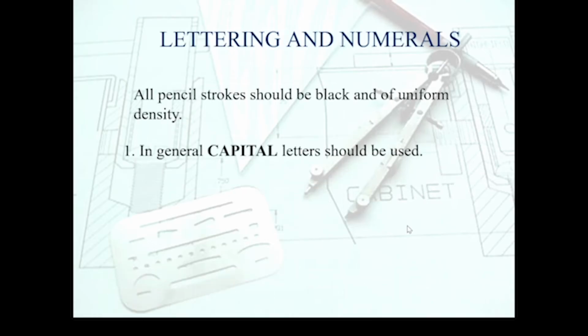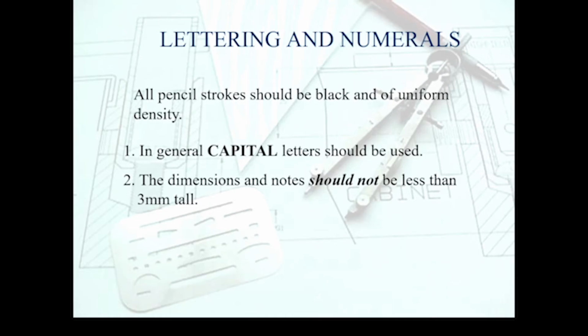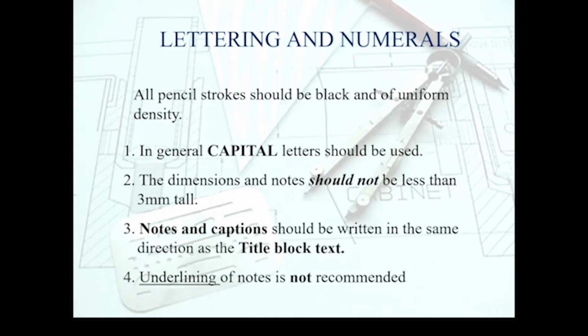There are a few more guidelines in terms of the lettering and numerals that you can follow on a drawing sheet, and these are fairly standard. Everything should be in capital letters, and the minimum font size should be 3 millimeter tall, and these are standards according to British standards.